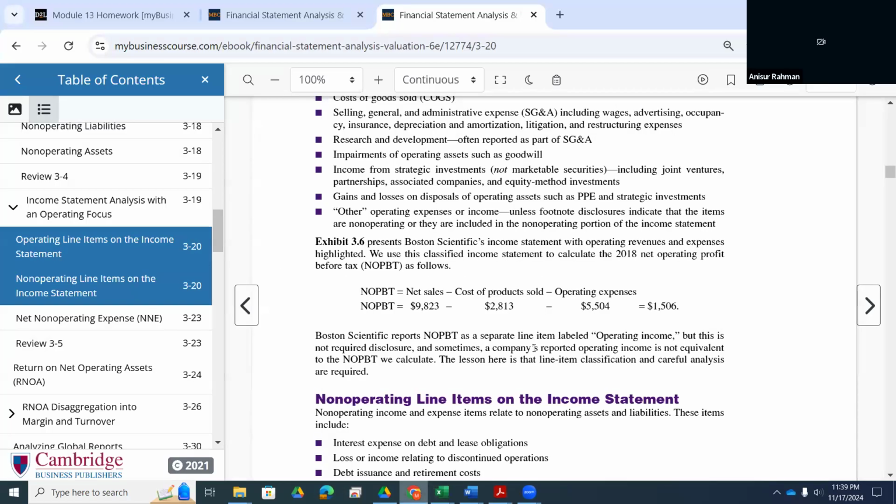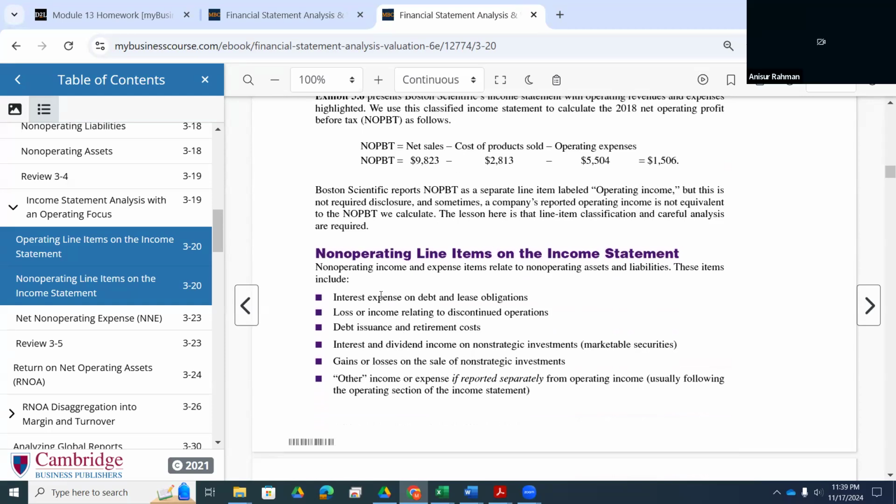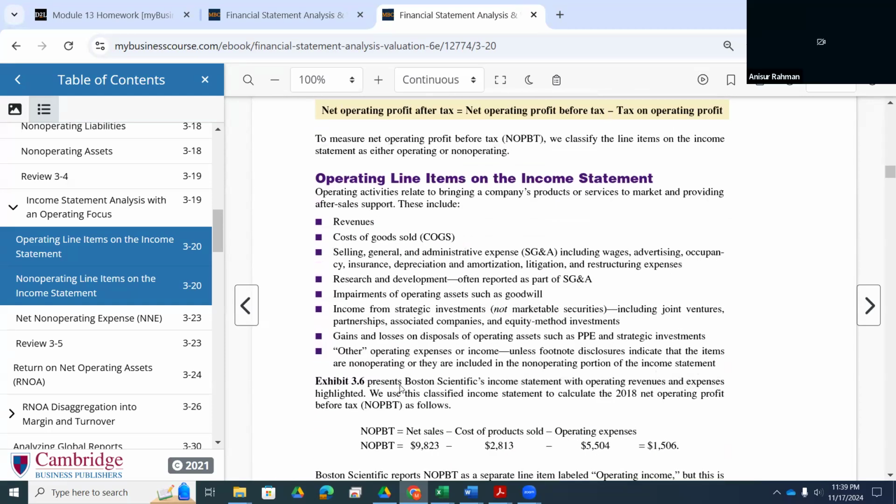Now, here you will see what are considered operating items on the income statement. Previously, we saw what are considered operating and non-operating for both assets and liabilities on the balance sheet. Now, operating and non-operating on the income statement. For example, these are operating line items, and these are non-operating line items.